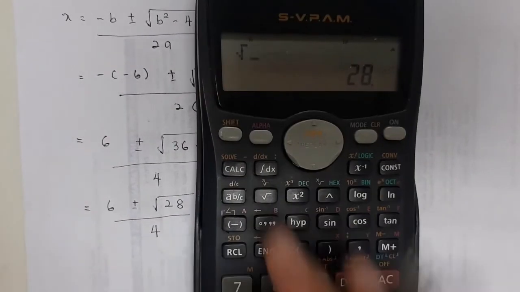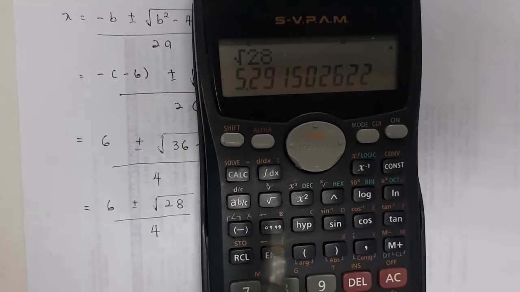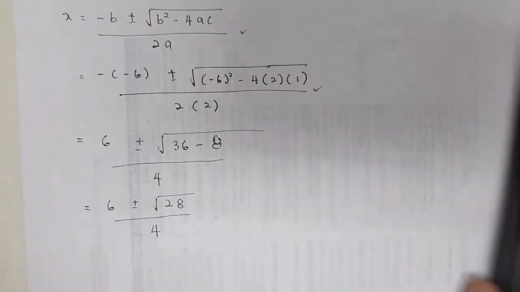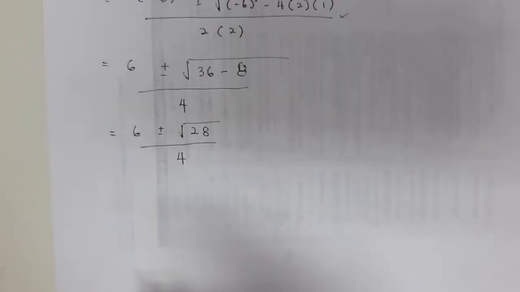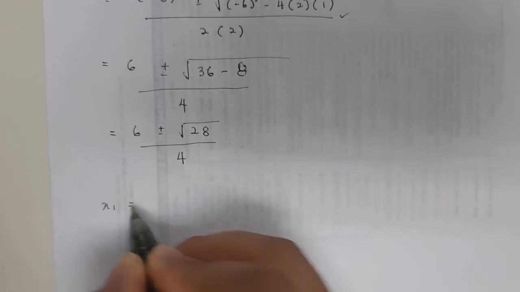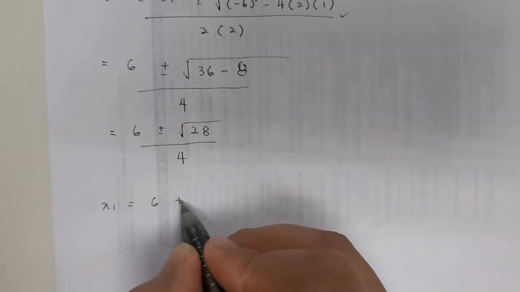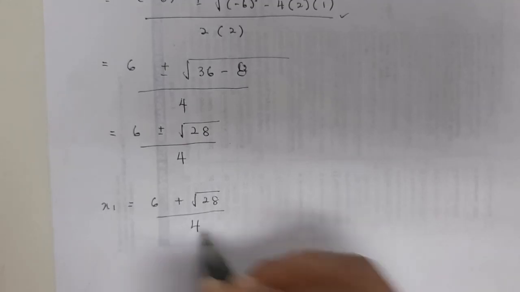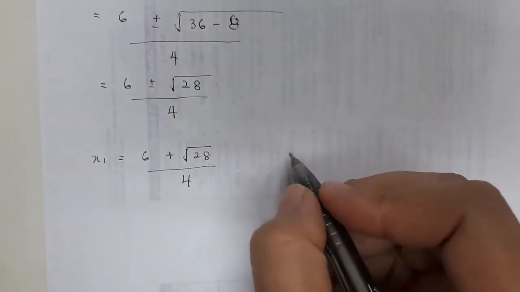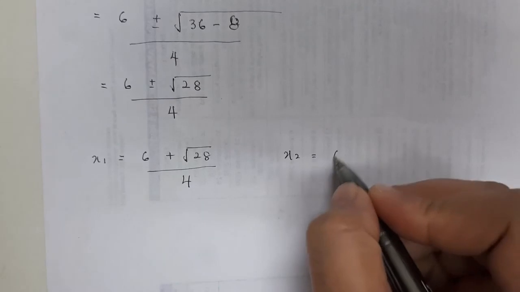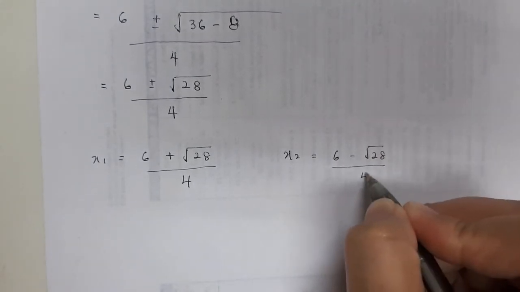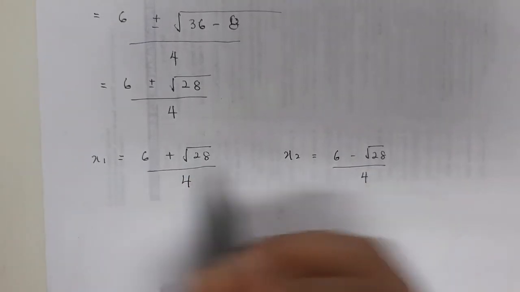The square root of 28 will give us answer in decimal places. Okay, therefore, kita keluarkan dulu. X1 equal 6 plus square root 28 over 4. Okay, and then x2 equal 6 minus square root 28 over 4. Okay, here we have the two values of x.